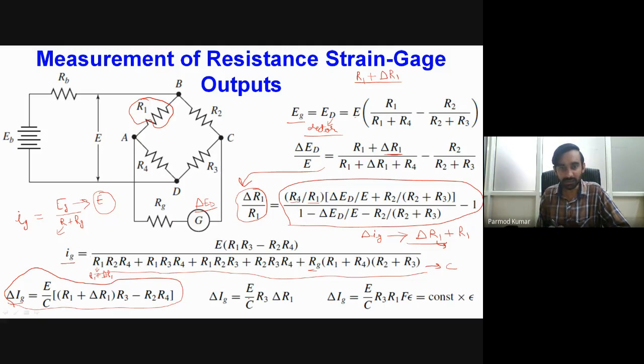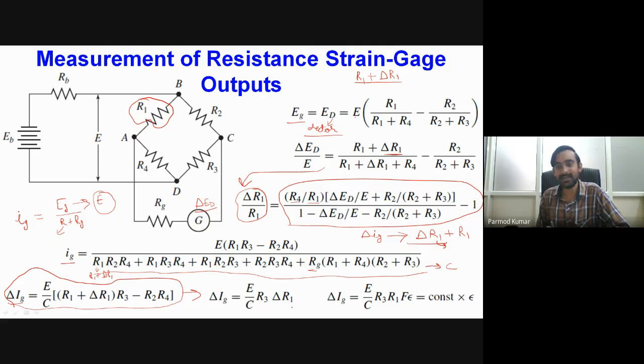Upon further simplification, particularly for the balanced circuit, we will have R1 divided by R4 equal to R2 by R3. If we apply that balanced approximation and substitute the values, finally we get delta Ig equal to E by C into R3 times delta R1.